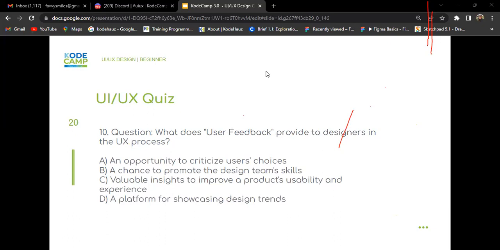C, valuable insights to improve a product's usability and experience. D, a platform for showcasing design trends. We have trial 300 says B, Harmony says B, Bleeded says C, and C is the correct answer for number 10 question.